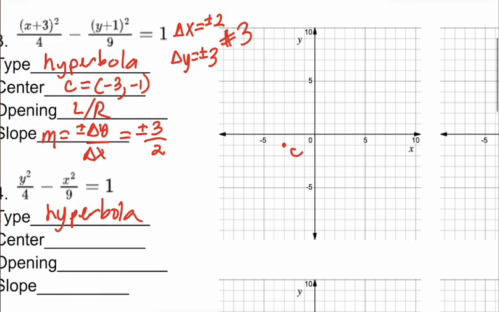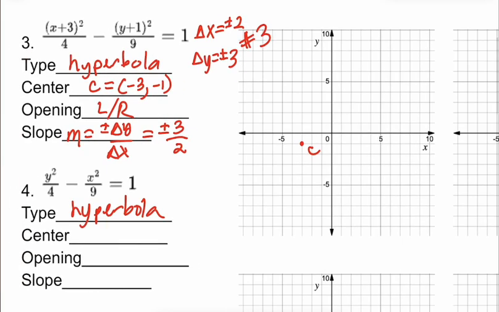So to graph these, I'm going to go from that center. I'm going to count rise over run, up 3 over 2, up 3 to the left 2. If I count up 3 and over 2, or up 3 and the other way 2, and I'm going to make my x.